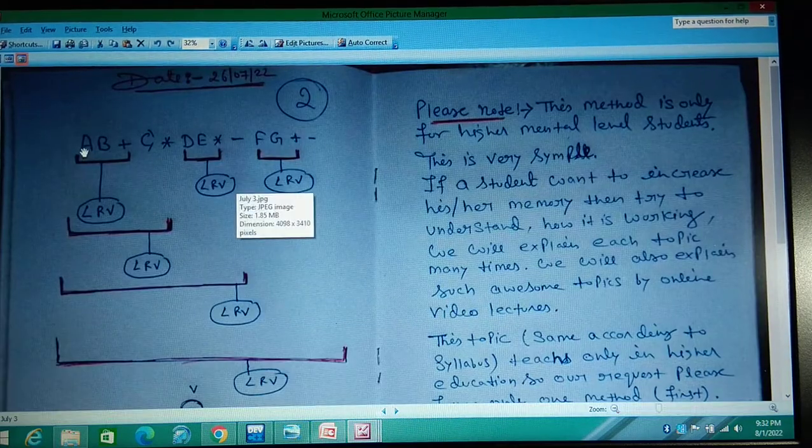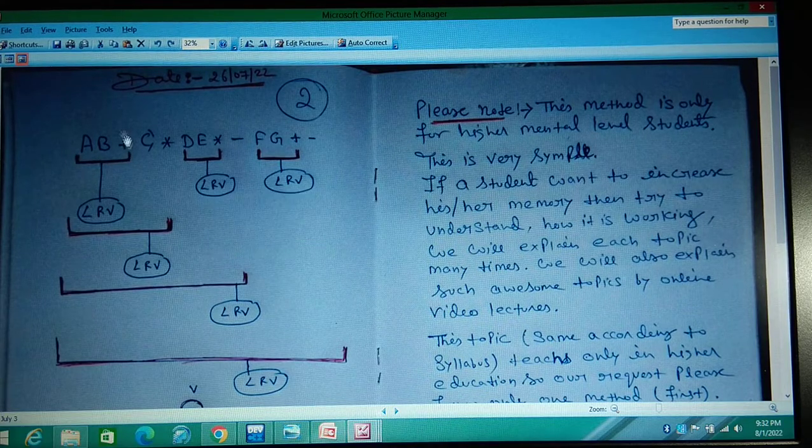This is left, this is right, this is digit. Done. After that this is left, this is left, this is right, C is right, digit. Done. Star. Now here left, right, digit. Here also left, right, digit. Done.